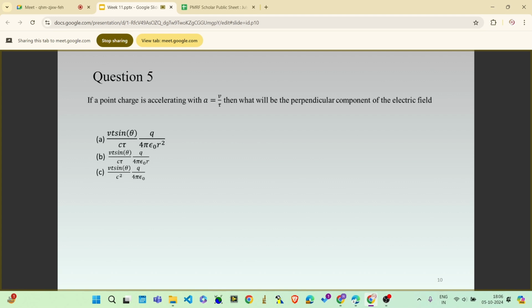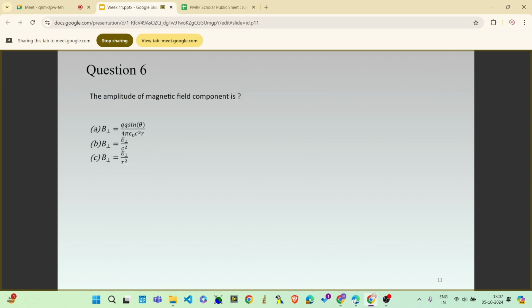Just write it: sin theta over c square over 4 pi epsilon naught, just a sin theta over c square over 4 pi epsilon naught R. And then again you have the magnetic B. So B can be written as B was mod of E over c, c cube. So option A is correct here in this case.